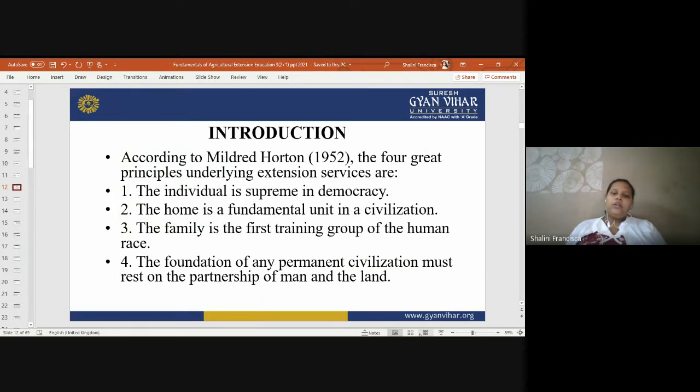And then the fundamentals of any permanent civilization must rest on the partnership of man and the land. What the partnership means is that whatever we do in the area where we are living directly involves men.